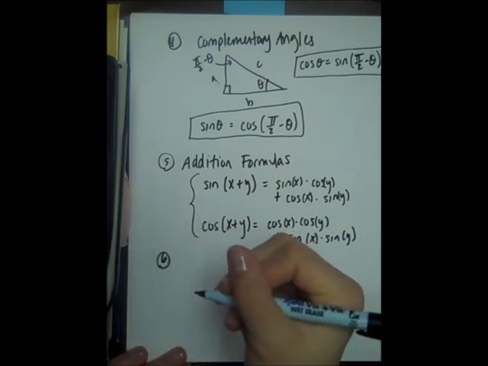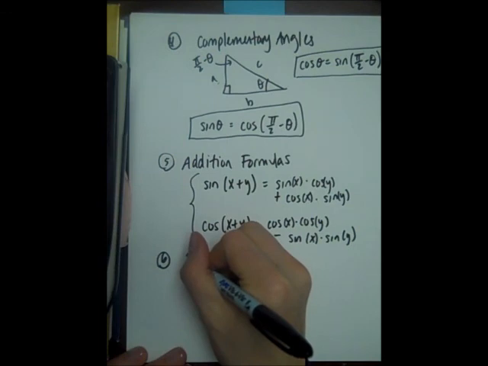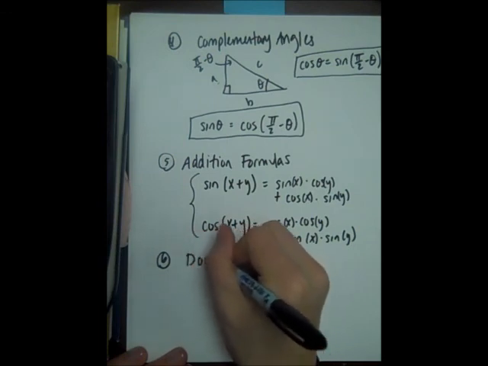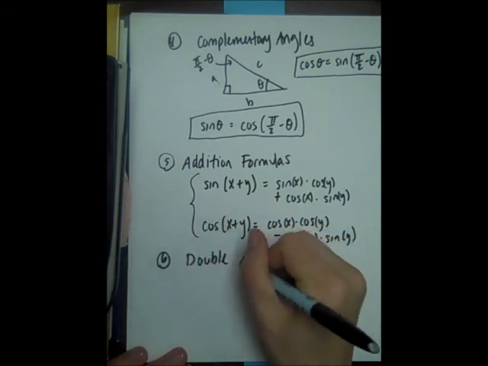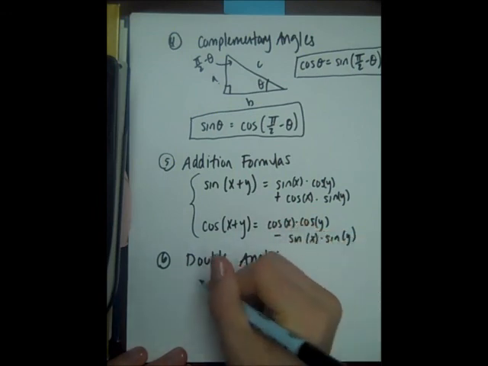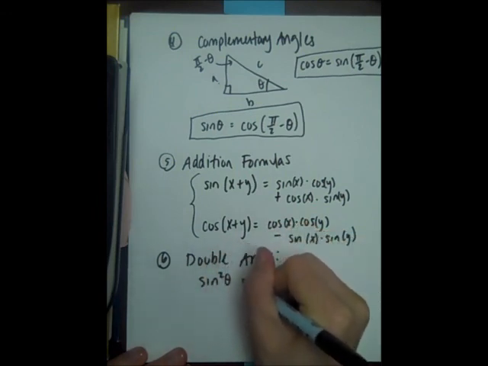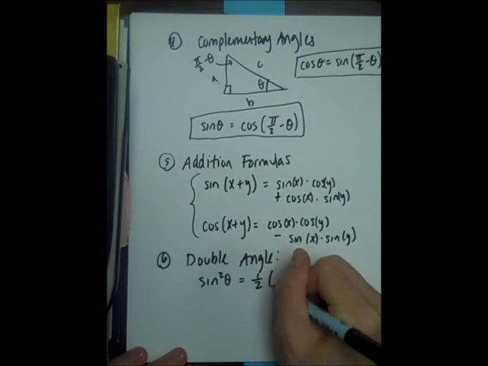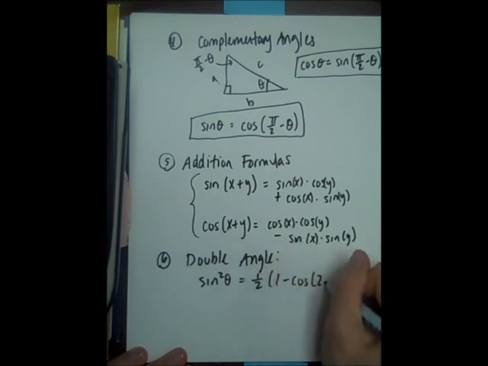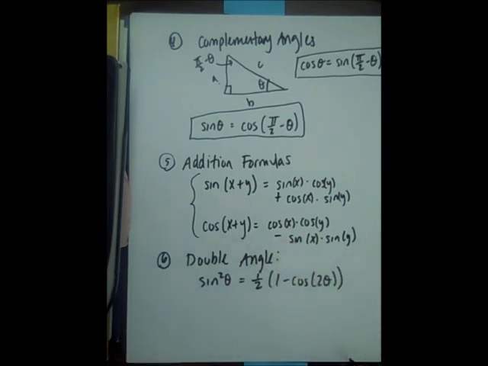Next, I have the double angle formula. And there's actually going to be 4 that come from this. So the first one is that sine squared of an angle is 1/2 times 1 minus cosine of 2 times that angle. So sometimes it's maybe easier to solve cosine of 2 times the angle, and then I could figure out what sine squared is.